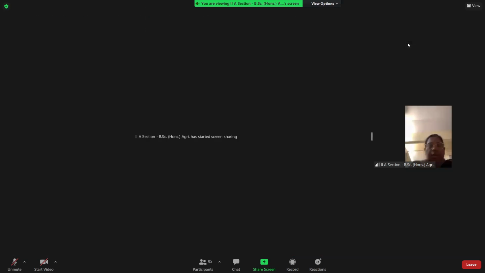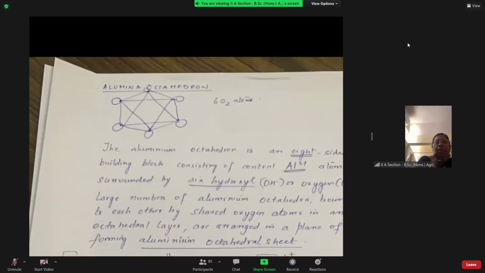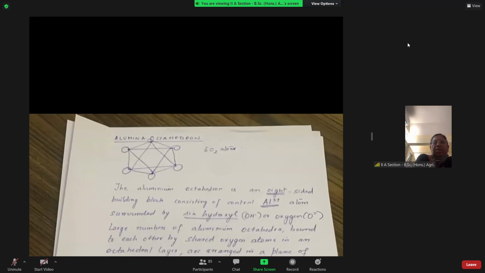So see the tetrahedral, next is the octahedral sheet, the aluminum octahedra. Octa means 8, it is an 8-sided crystal lattice wherein aluminum is surrounded by 6 oxygen atoms. So here the aluminum octahedra is an 8-sided building block consisting of a central aluminum.